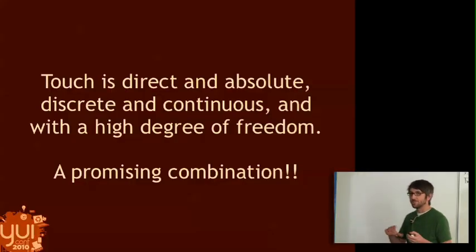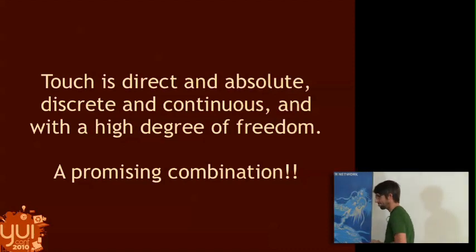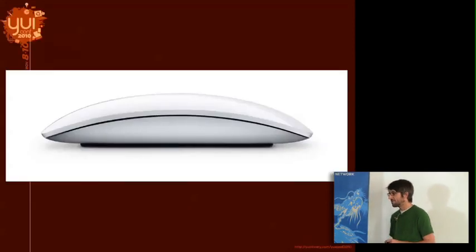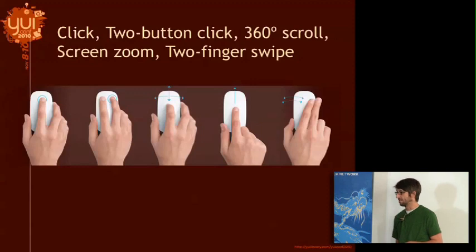So touch is really compelling because it's direct and absolute. It can be discrete or continuous, a high degree of freedom, a really promising new way to interact with content, interact with interfaces. So it's not just touchscreens. Apple's got their mice that give you a lot of different ways to interact.